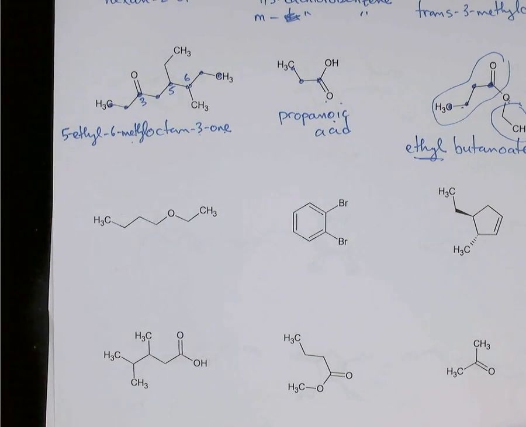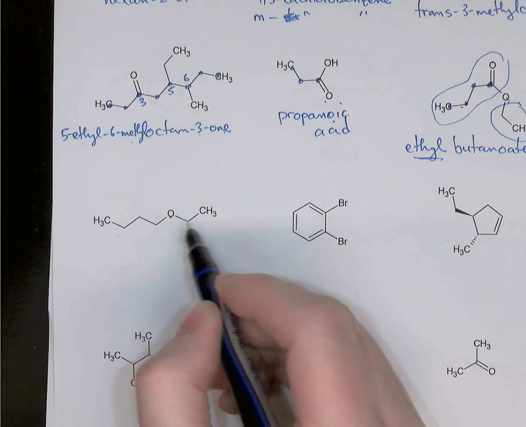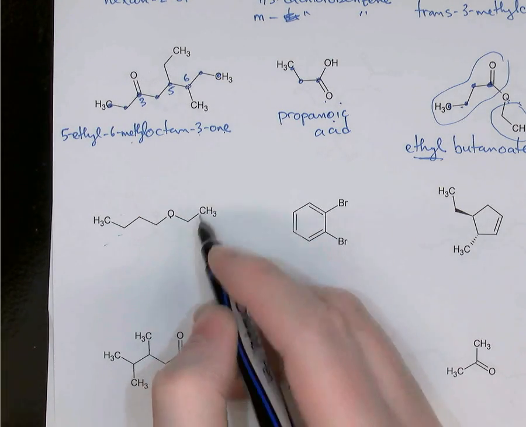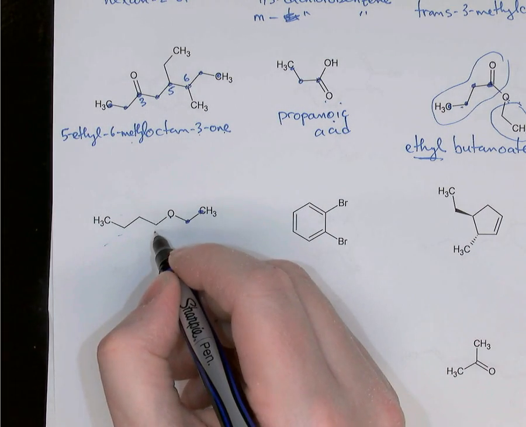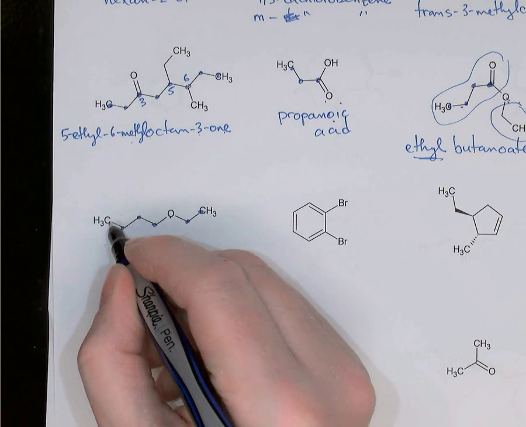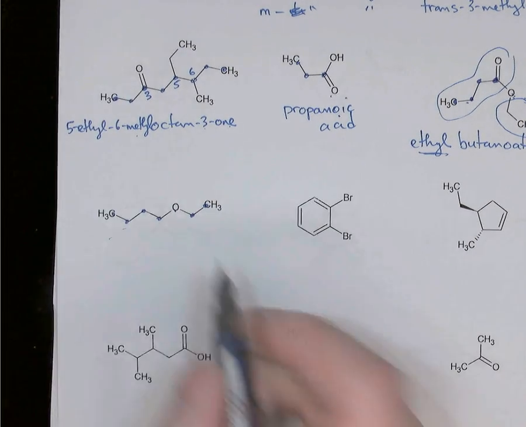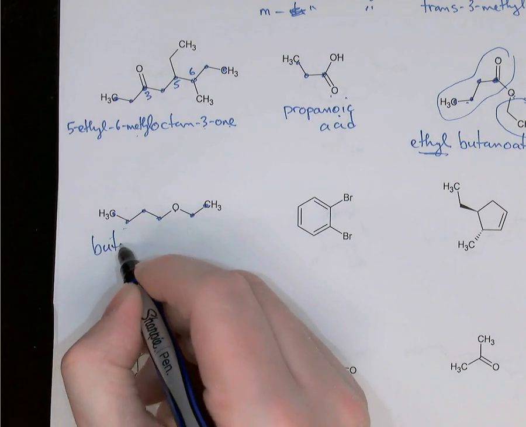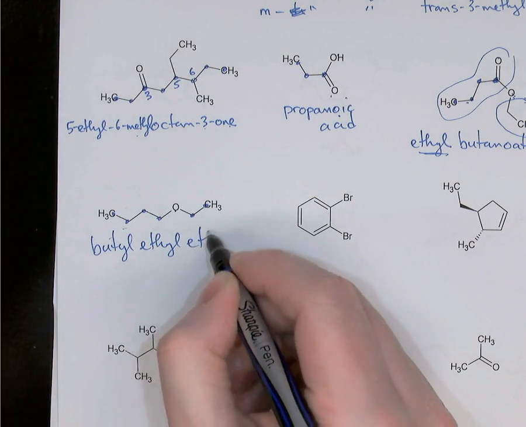Next we see an ether, oxygen with 2 R groups attached. The R group on the right is an ethyl group. The one on the left is a 1, 2, 3, 4 butyl group. So we'll name alphabetically butyl ethyl ether.